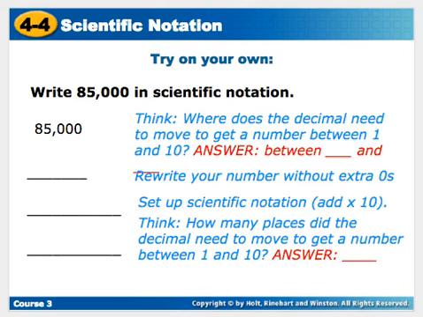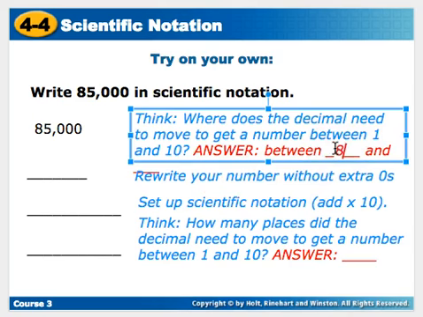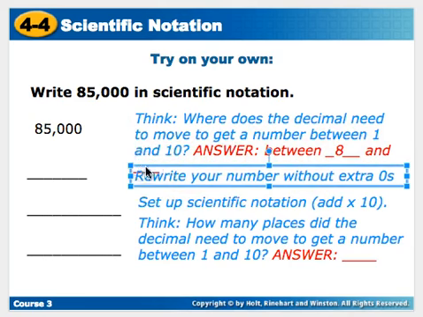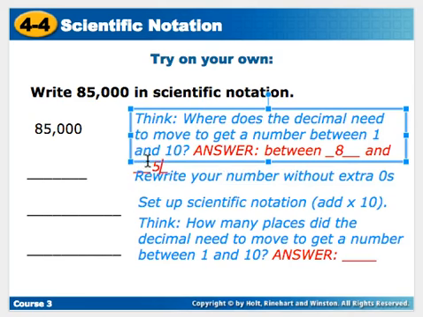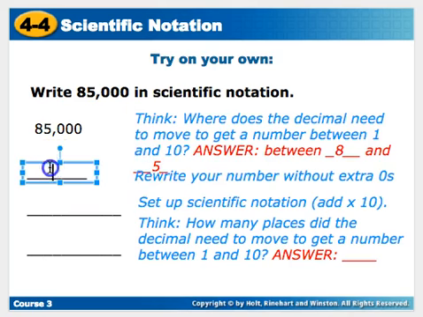In order to write 85,000 in scientific notation, the first thing you need to do is move the decimal to get the number between 1 and 10. In this case, you need to move the decimal between the 8 and the 5. Then you drop the zeros, and that, of course, would give you 8.5. The next step is to add the times 10.